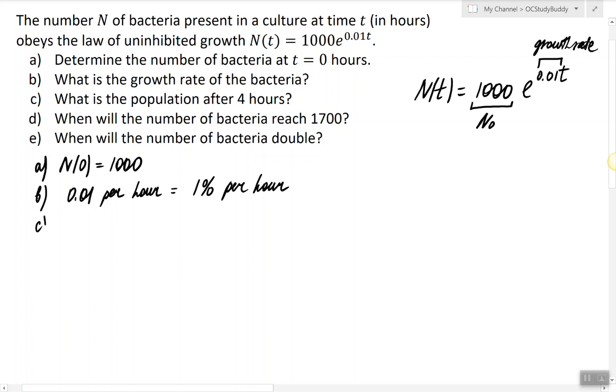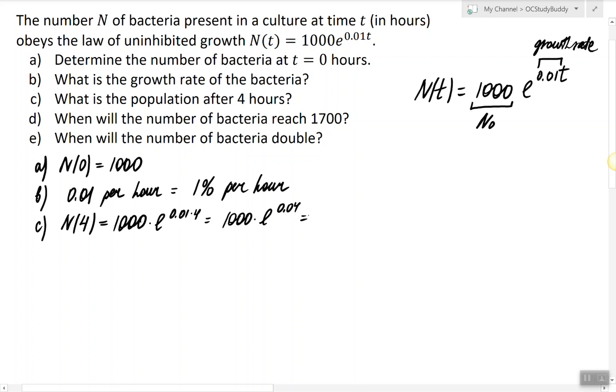Now to answer the question in part C, we basically just have to evaluate the function at 4, meaning we have to plug in t equals 4 into the formula. So we have to evaluate e to the power 0.04, for which I'm going to use a calculator.